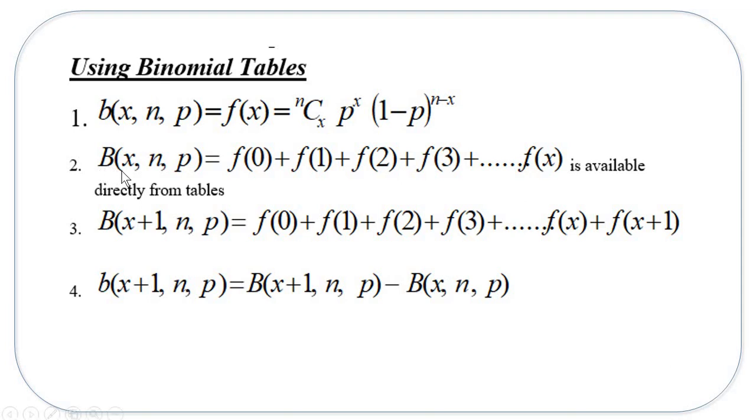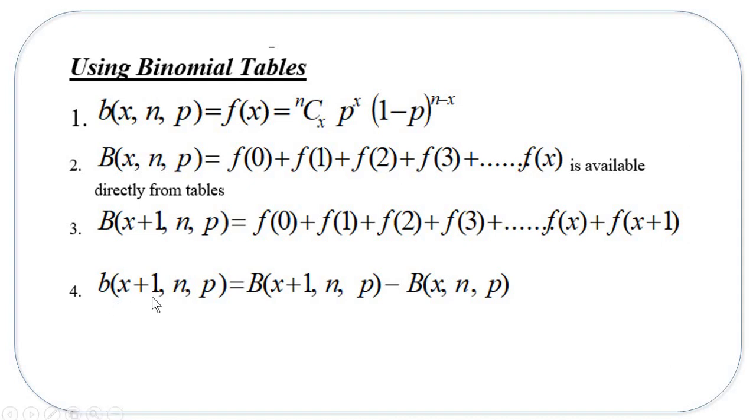So here capital B of x; n, p means adding all the probabilities till x, and it is available directly from tables. And capital B of x plus 1; n, p means adding all the probabilities till you get x plus 1. Now we need a single probability. This is not available from the tables, but the cumulative ones are available.